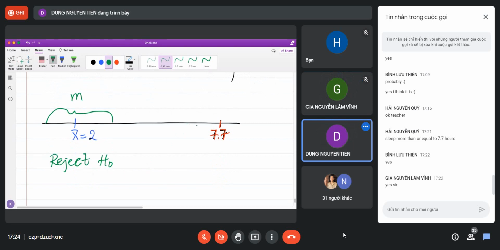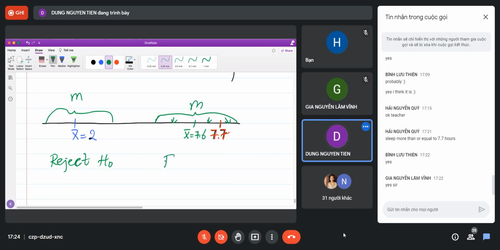However, if X bar is close to 7.7, let's say 7.6, then you see that X bar is close to m, or let's say m is close to X bar. So m could be here, or there. So m could be less than or greater than 7.7. You cannot guarantee anything.